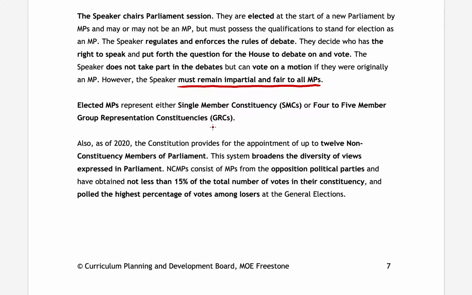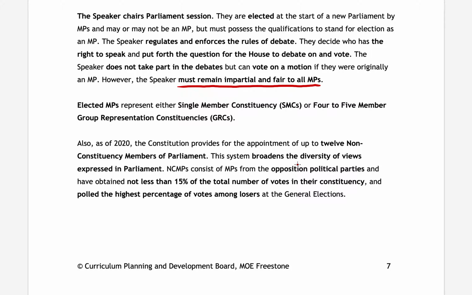GRC is a concept we're going to come back to at a later time when we talk about diversity. But you just need to know that SMCs and GRCs are the two types of constituencies we have in Singapore. These are the people that you vote into Parliament. The people that win the general election are your elected MPs.